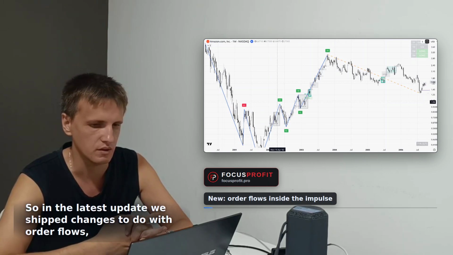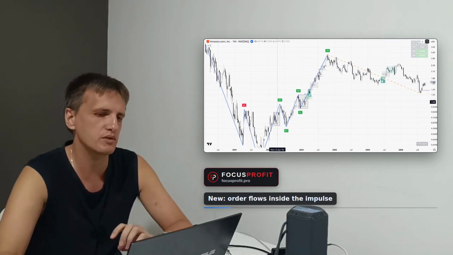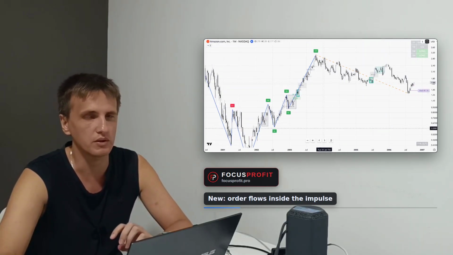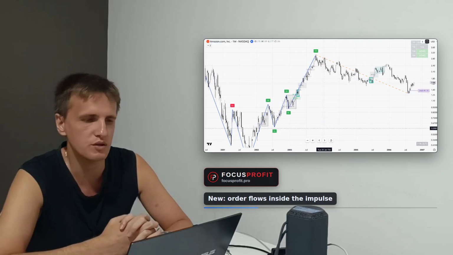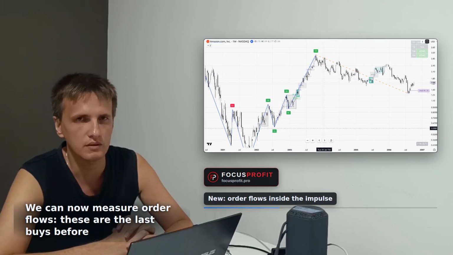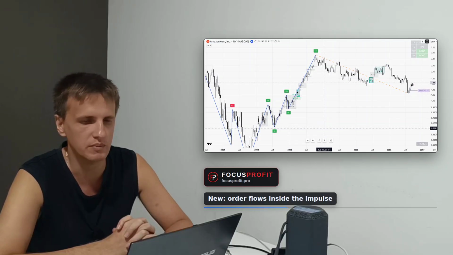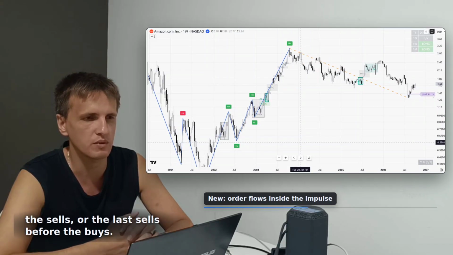So in the latest update, we shipped changes to do with order flows in any rising or falling impulse. We can now measure order flows. These are the last buys before the sells, or the last sells before the buys.